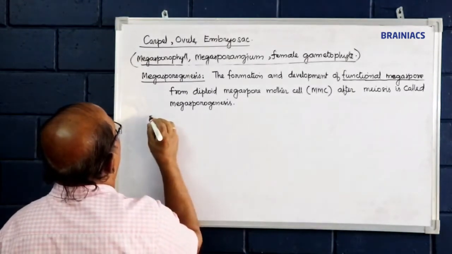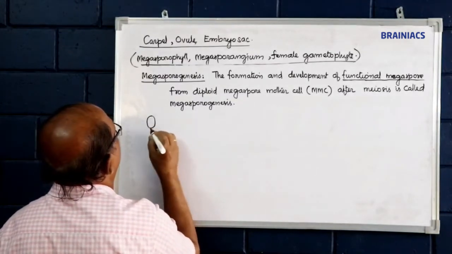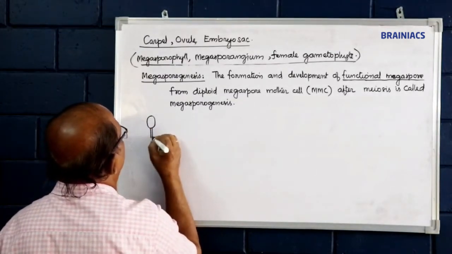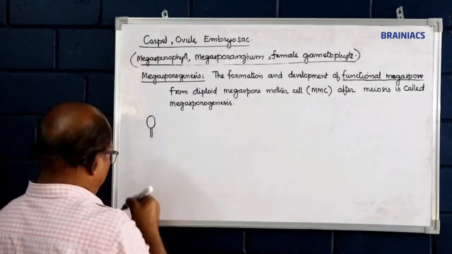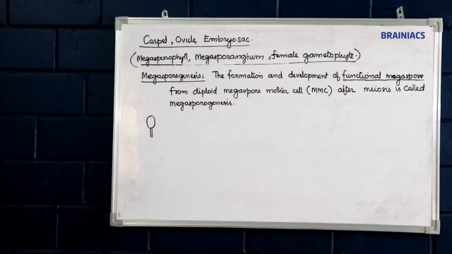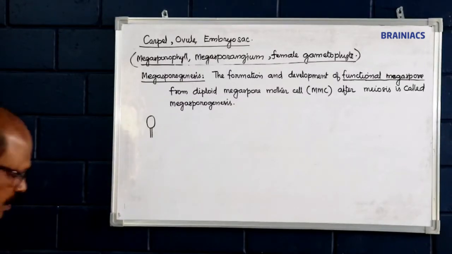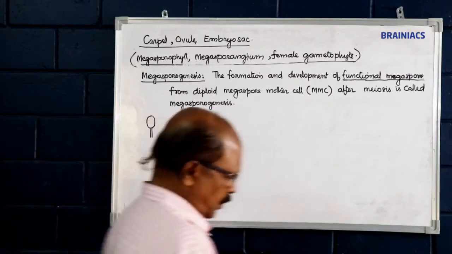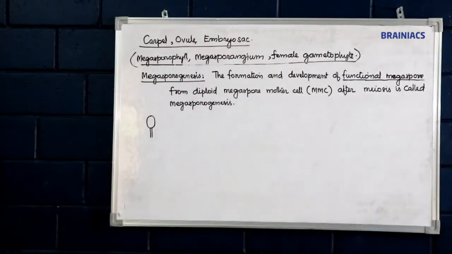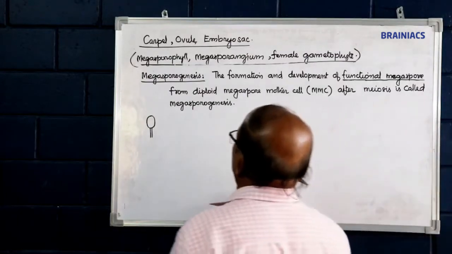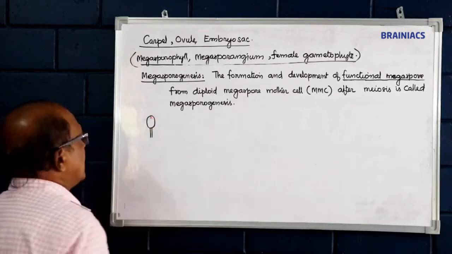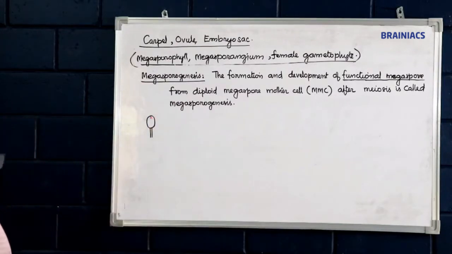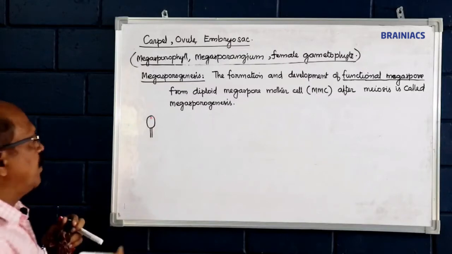Suppose the ovule is an oval body. At the free end of this tissue, a cell becomes prominent.